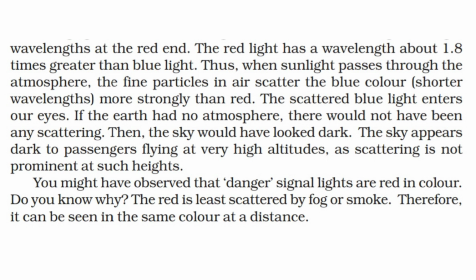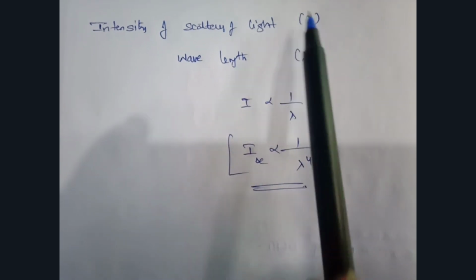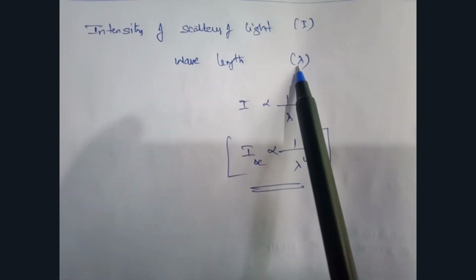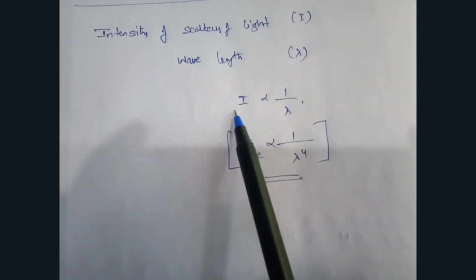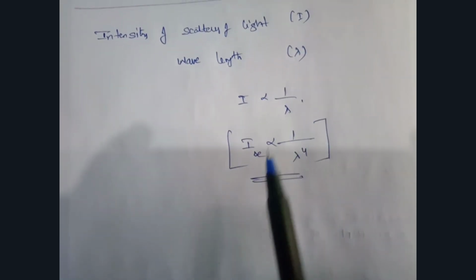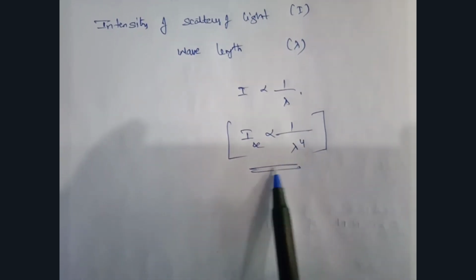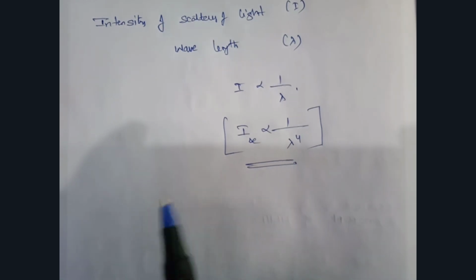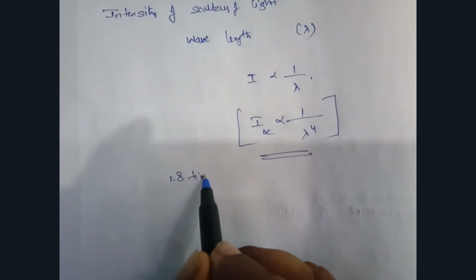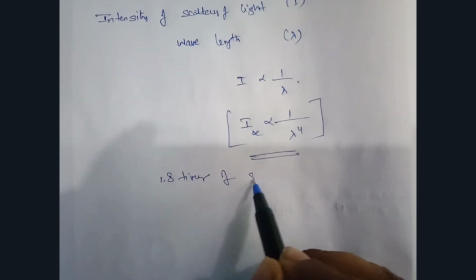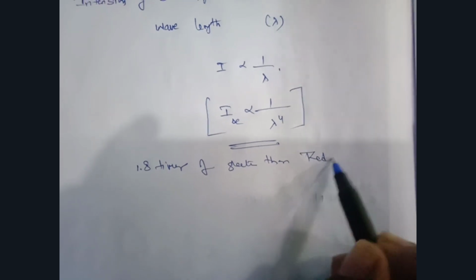Do you understand? The intensity of scattering of light is I, the wavelength is lambda. Scattering of light is inversely proportional to wavelength, so I is proportional to 1 by lambda to the power of 4. The red light wavelength is 1.8 times greater than the blue light wavelength.